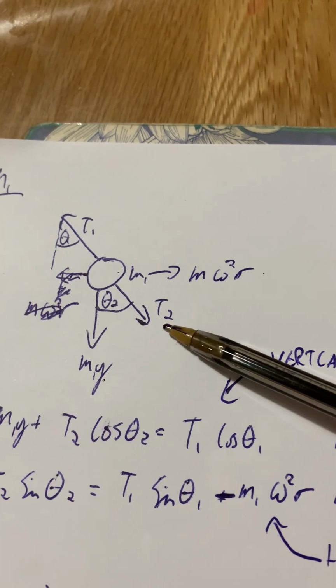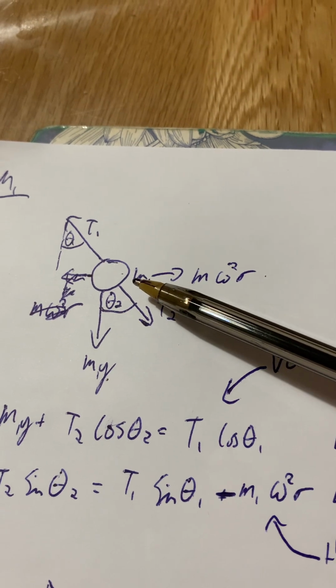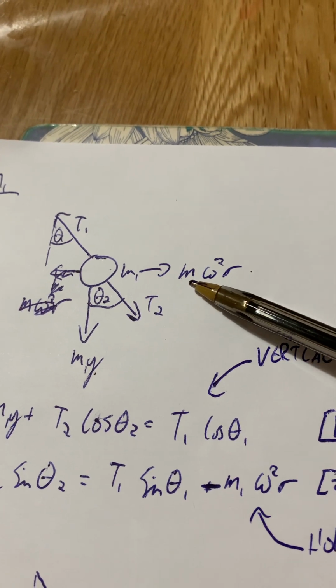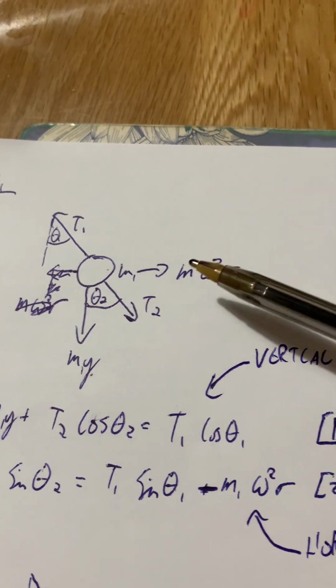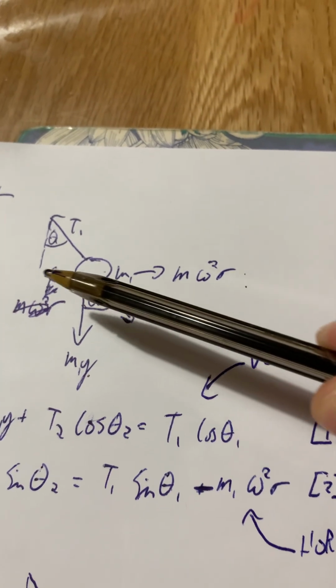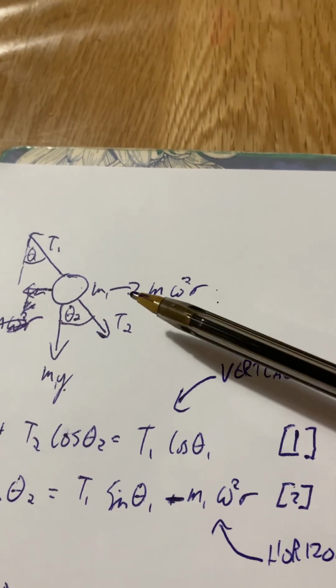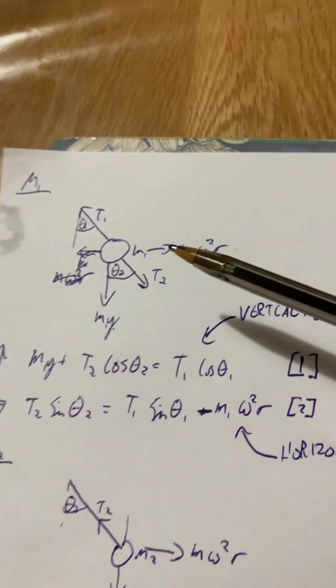We've also got the tension from that string, and then the centripetal force, which is equal to m omega squared r, which is opposing the tension, which is the same magnitude as the tension pulling in here. It's not acting outwards, but I just drew that to help my brain process it.